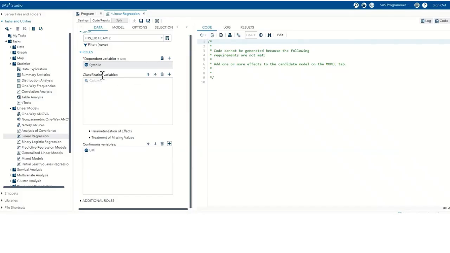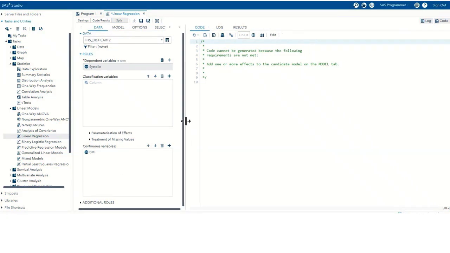Sometimes we also call systolic the dependent variable, and the exposure variables the independent variables, because the value of the dependent variable is dependent on the predictors, which are, at least for the analysis purpose, independent.